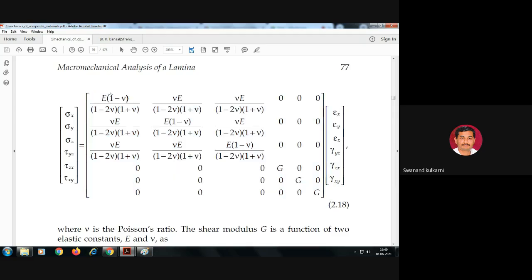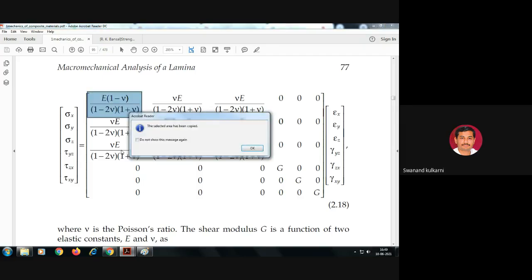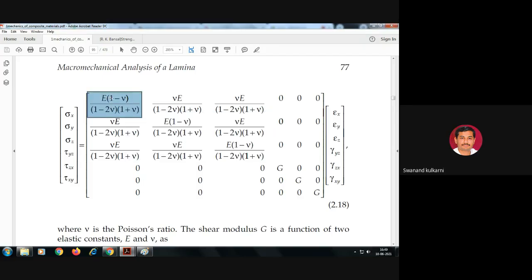For that purpose, E into bracket 1 minus mu upon (1 minus 2 mu)(1 plus mu). Is it okay? So here we can understand how Young's modulus and Poisson's ratio are related to each other as far as the stress sigma x is concerned.